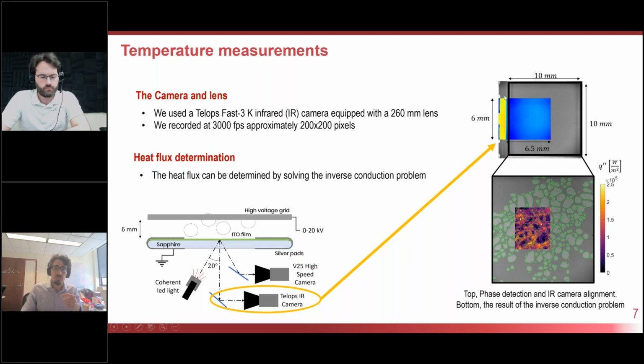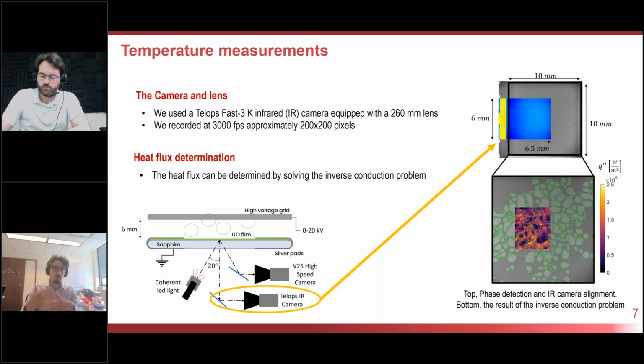So here you see the image of the IR camera, which is superimposed on the phase detection camera. We have some marks on the side to align the two. And then we can take the results from this IR camera and post-process them. We find the temperature, which is easy, you just need to use the calibration.